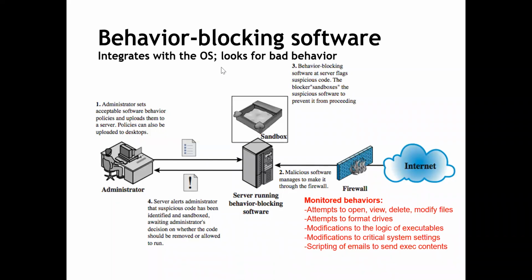These behavior blockers work very well for those that have different patterns. You want to make sure that you pick these different pieces of malicious code and put them in a sandbox. Let us follow the process here.